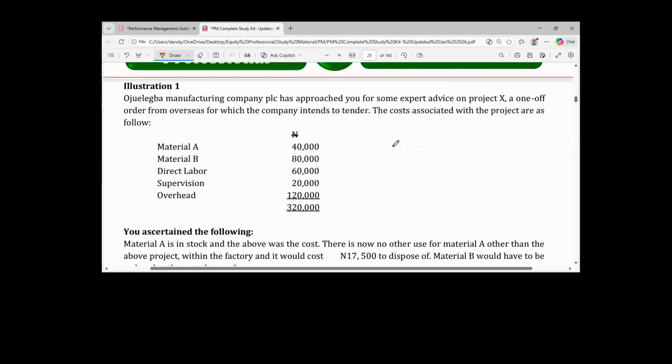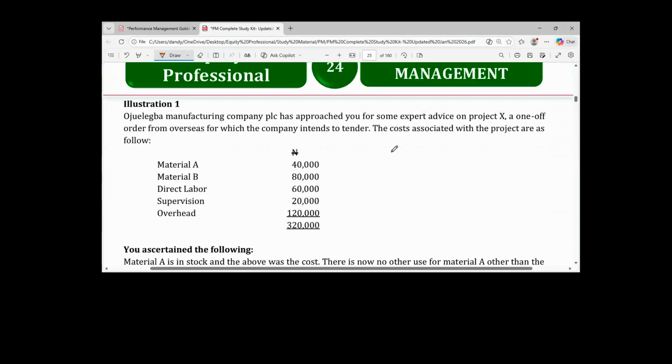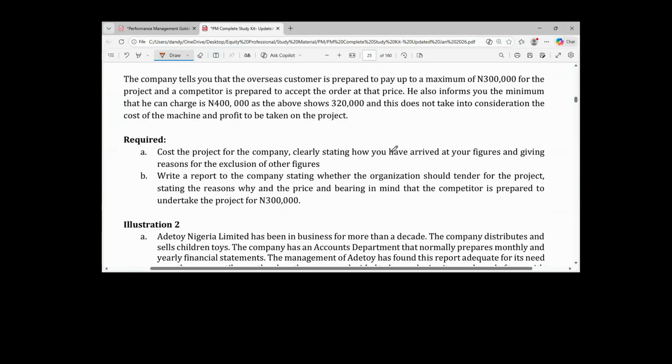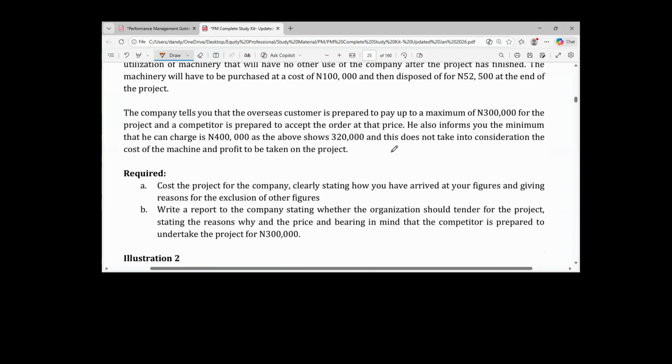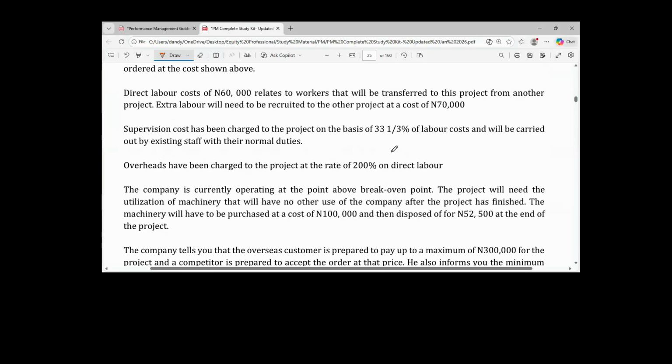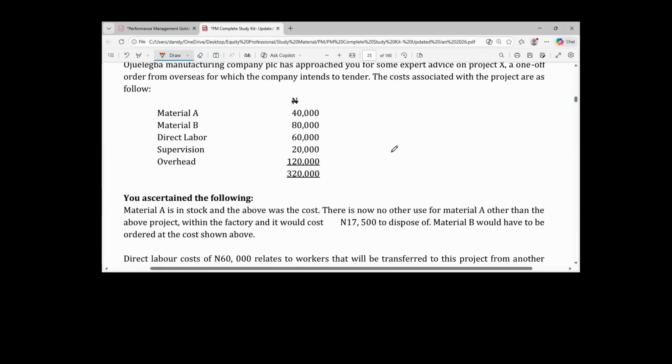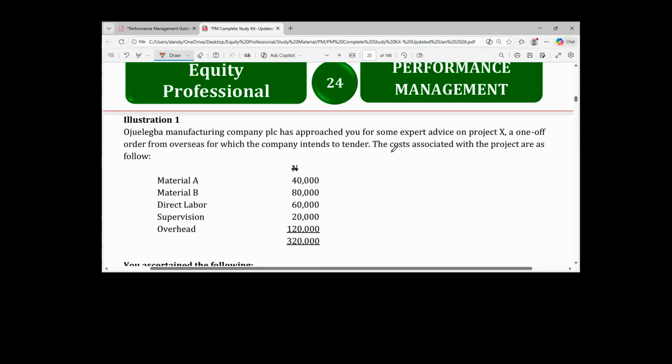Now we are going to solve different scenario questions. I wouldn't have solved this illustration, but because of the requirements, it's a different scenario. So we are going to solve this by the grace of God.